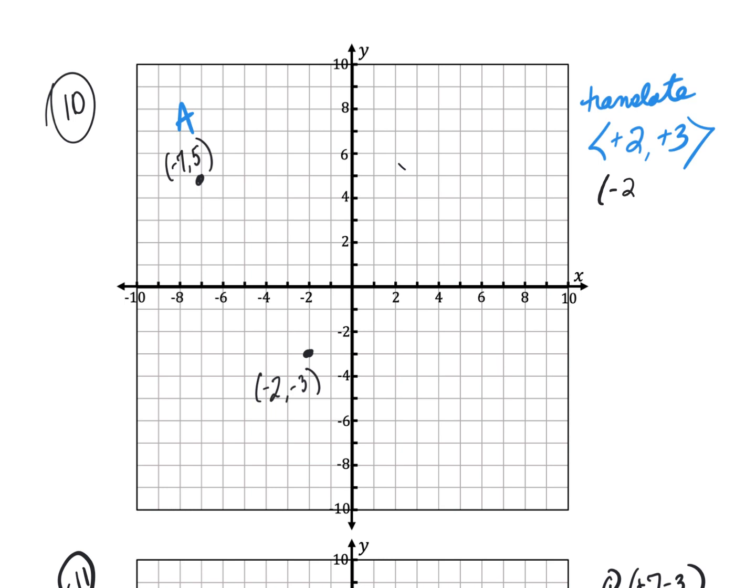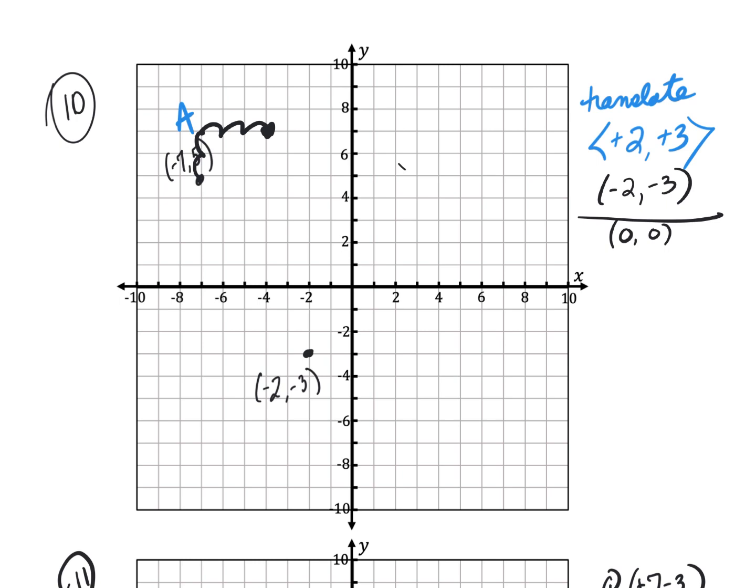So translating point A +2, +3 allows me to rotate my point as if it was around the origin. So that's why we do the opposite translation of the rotation point. So that means I'm going to take this point and move it up 2 because it's positive, and to the right 3 because that's also positive.